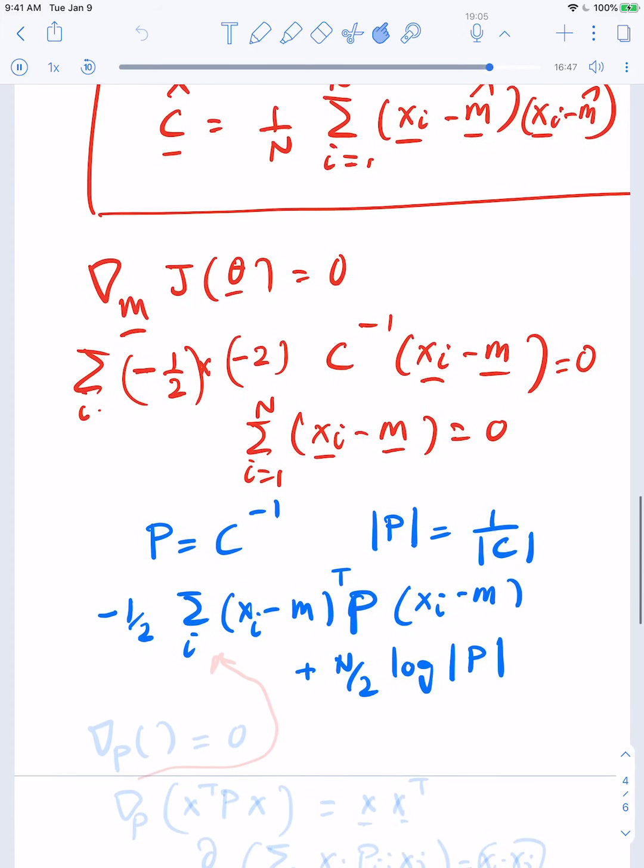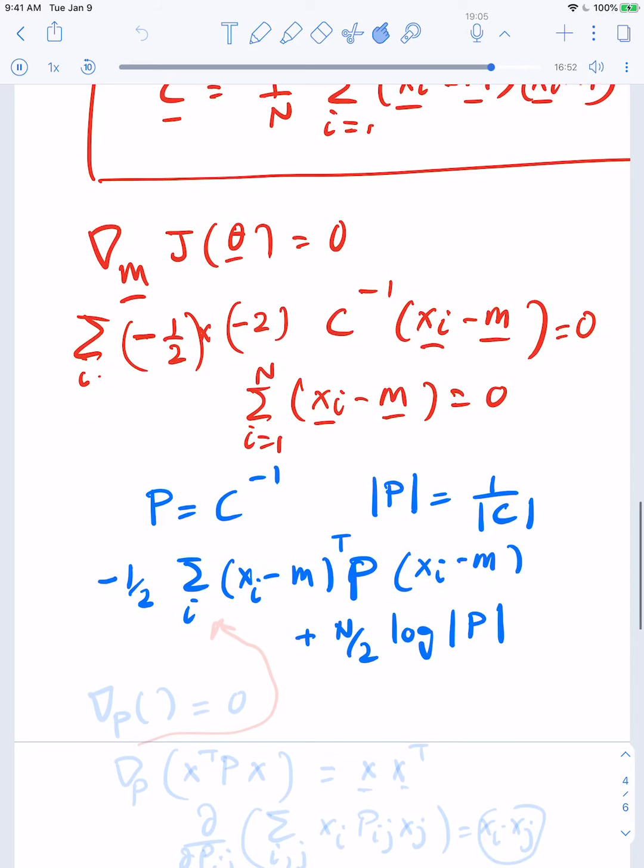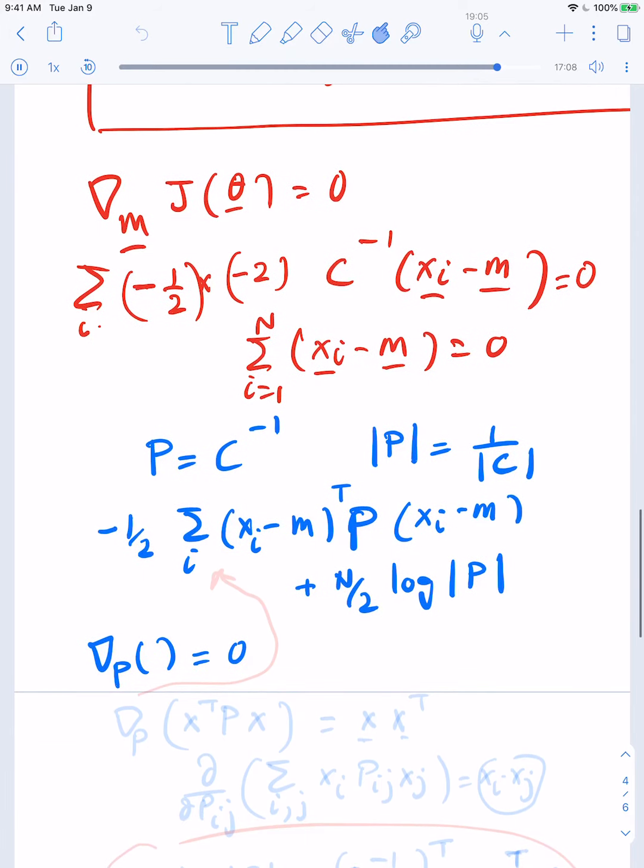And now I'm going to make two statements. I have to basically set the gradient with respect to this to 0 in order to optimize over P. I'm going to make two observations. One of them is simpler than the other. One is that if you give me a generic thing like x transpose P x, that's a real number.